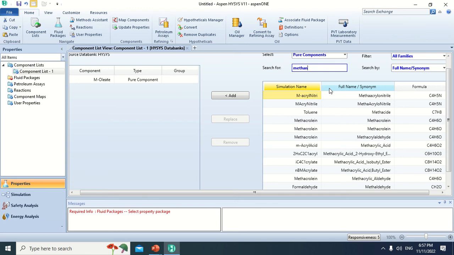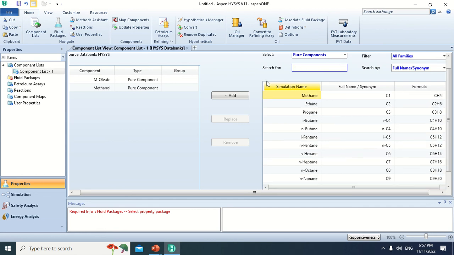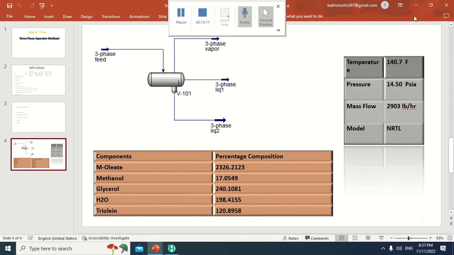Methanol. Yes, methanol. Methanol and the other component, glycerol.